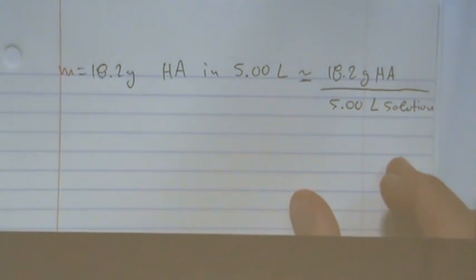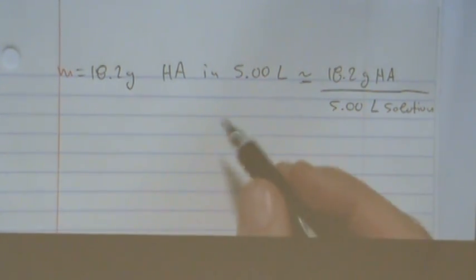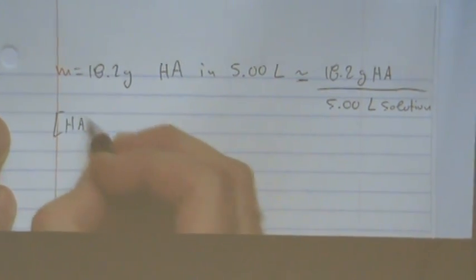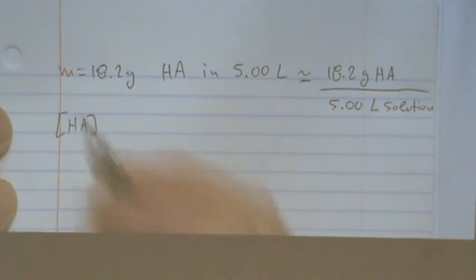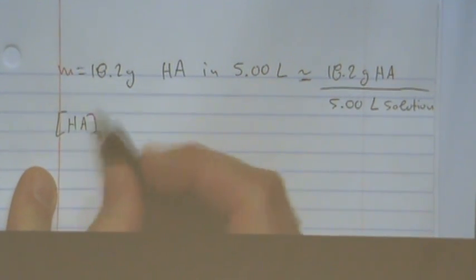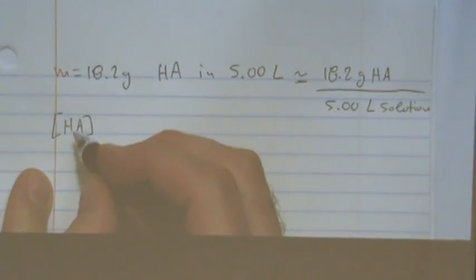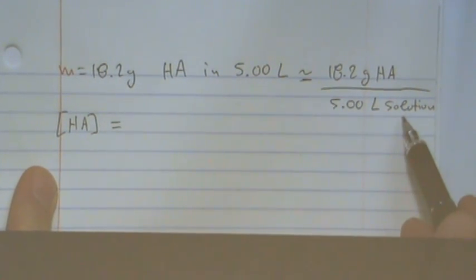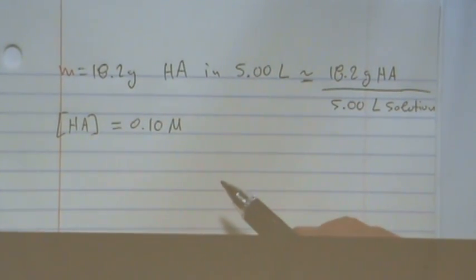And the concentration of HA, brackets means molarity, always by definition. So the molarity of this acid in this solution, that we have so many grams of the acid per so many liters of solution, is 1/10 of a molar, 0.10 moles per liter.